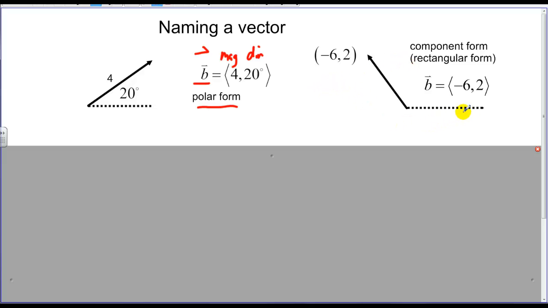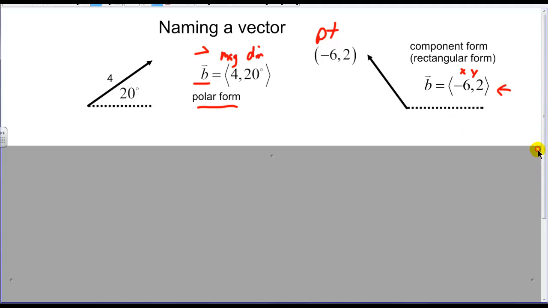Rectangular forms talk about a vector having an x component and a y component, much like an xy point. Although this is a point, notice its bracketing, it's parentheses, and this is a vector, notice its bracketing, looks like a greater than less than type bracket.